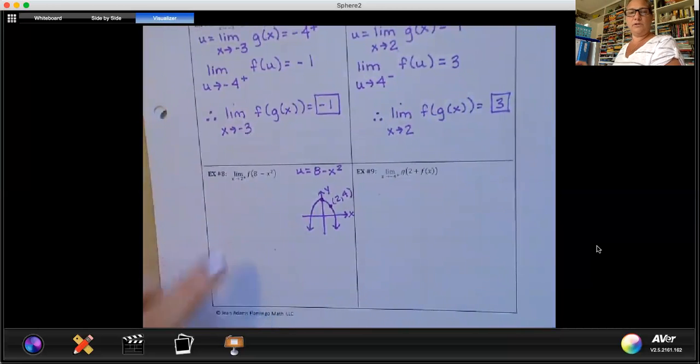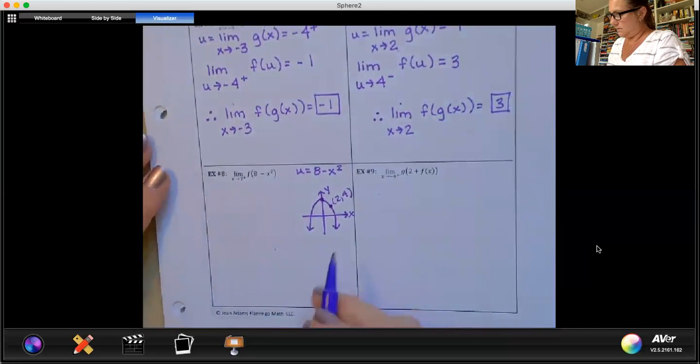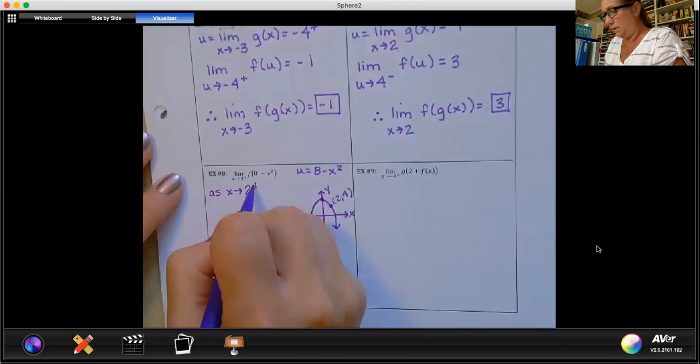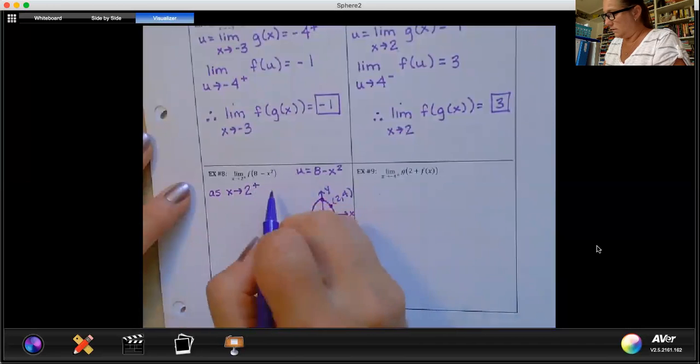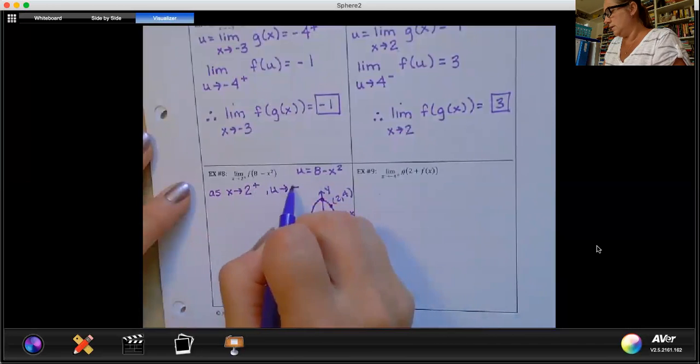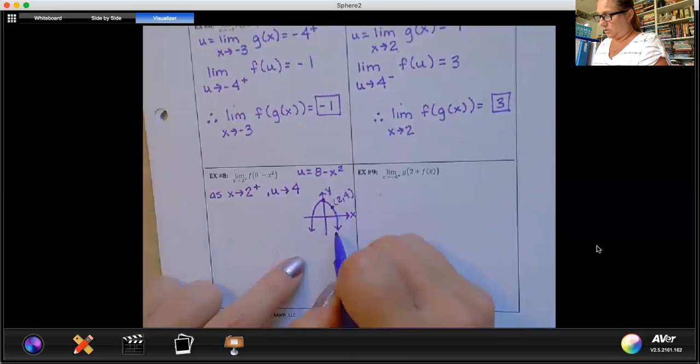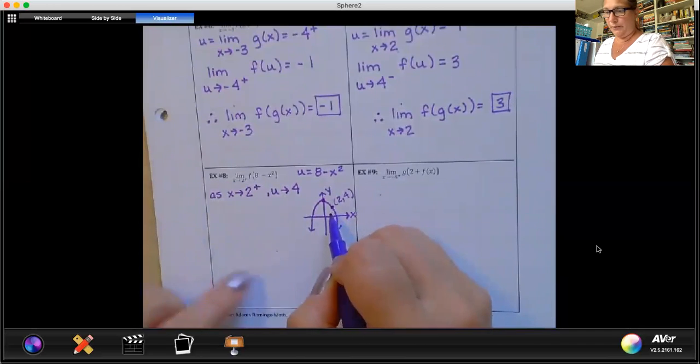So as x approaches 2 from the right, and really the left too, but we're focusing on the right, u is going to approach 4. It's going to approach 4 from below.